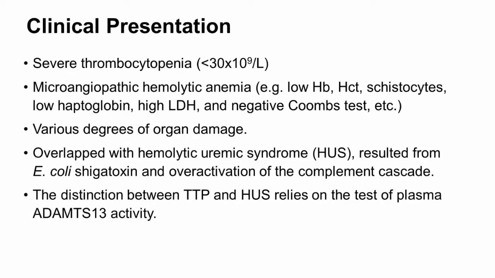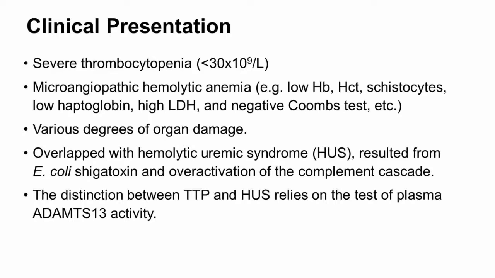The clinical presentations include severe thrombocytopenia. Most patients will have a platelet count of less than 30,000 per microliter, and also have a microangiopathic hemolytic anemia, which means the patient has a low hematocrit or hemoglobin and the presence of schistocytes in the peripheral blood smear, also low haptoglobin and increased LDH.